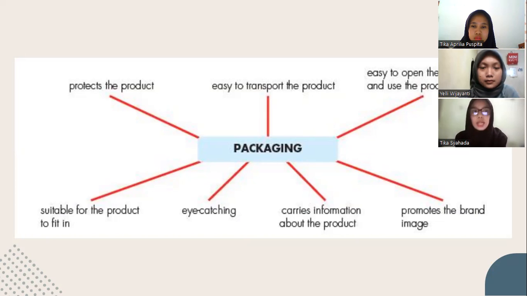Then the packaging should protect the product and be suitable for the product to fit in, like what I said before, the example of packaging of shampoo. And packaging should be eye-catching to get the interest from the customer.